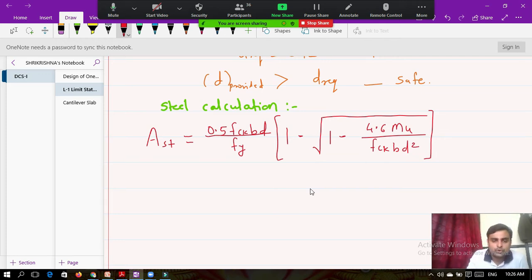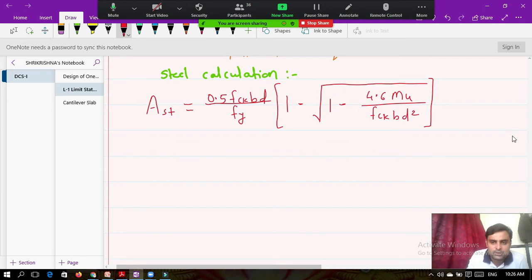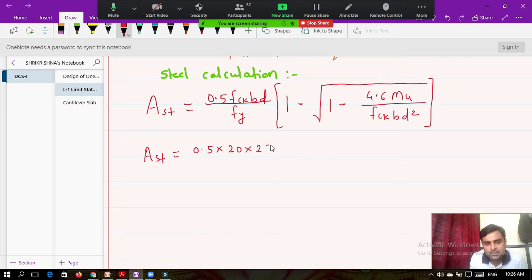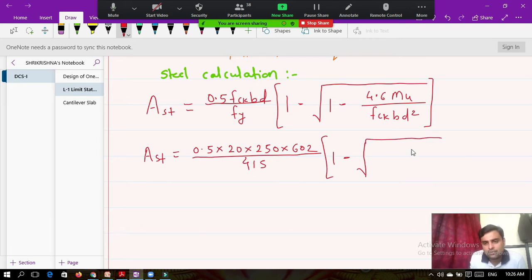Okay, so now calculate the area of steel, just put the values. So I will write over here Ast is equal to 0.5 as it is, multiplied by fck is 20, multiplied by b is 250, multiplied by d is 602, our depth, divided by fy, fy is 415, in bracket 1 minus under root, what do we get?